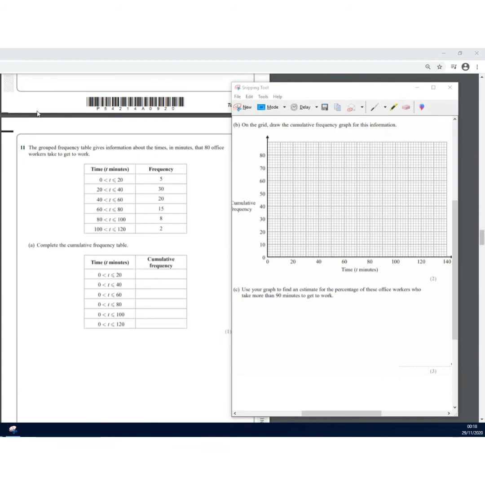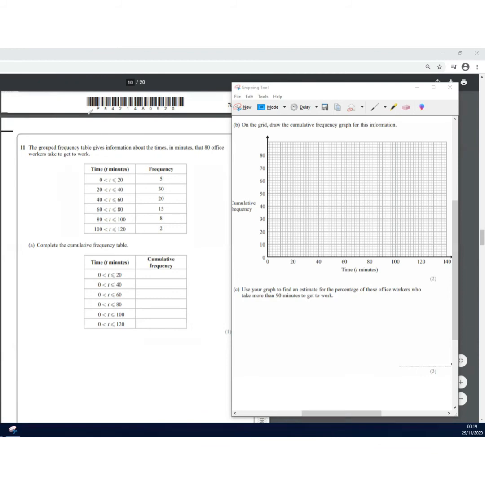So first, let's complete the table in part A.